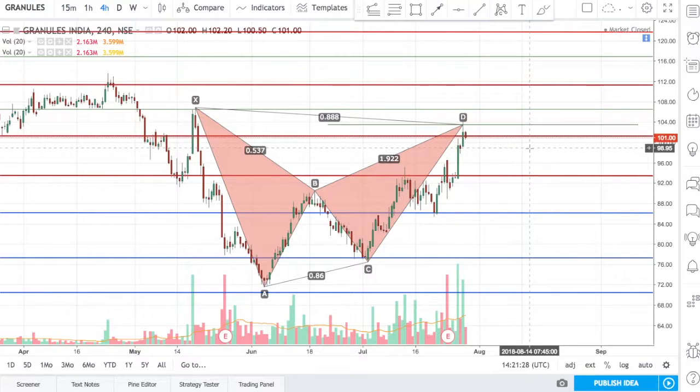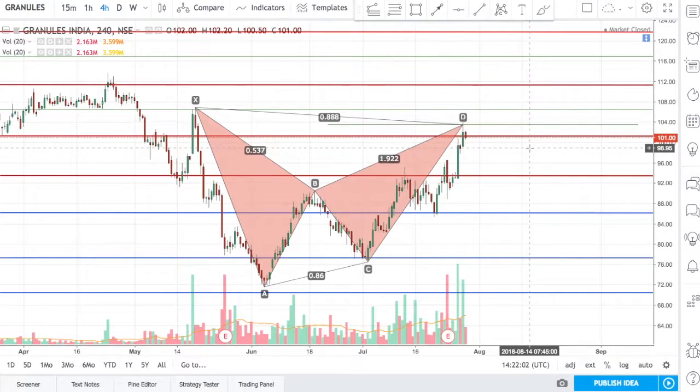Now, trading only on the basis of the completion point on the pattern won't be a safe idea. Rather, we could feel a lot more confident if we have other factors to support our trade assumption. So let me list the factors which I felt could strengthen our trade assumption on the short side.